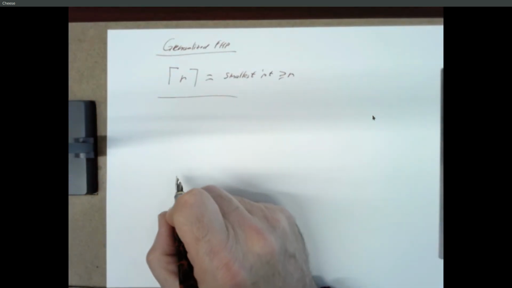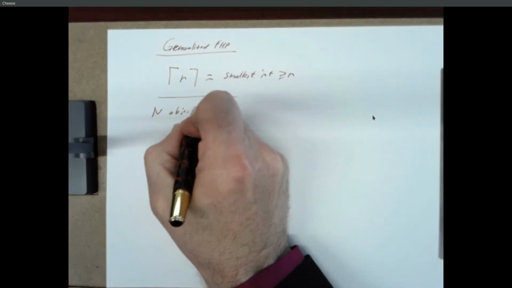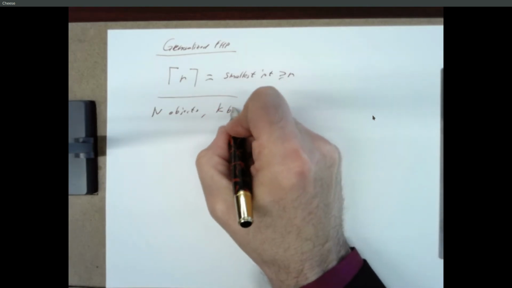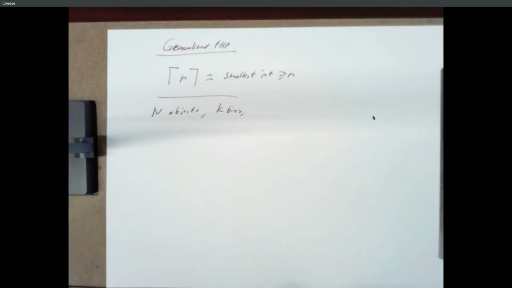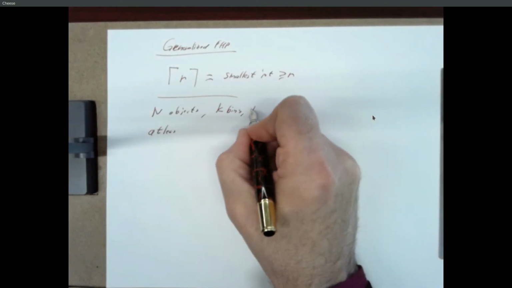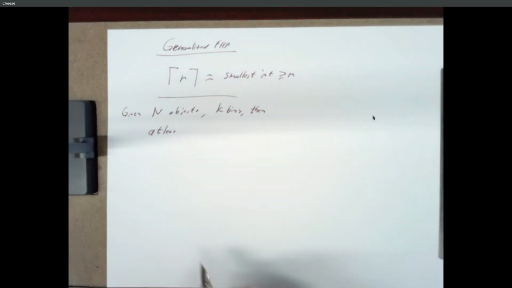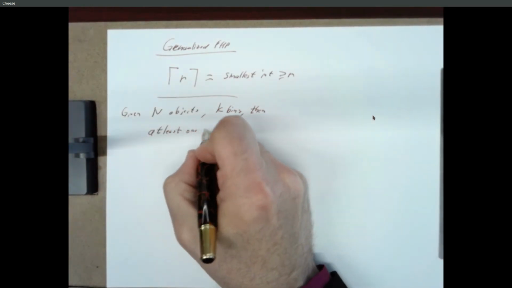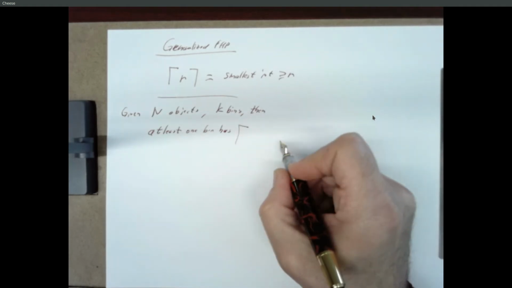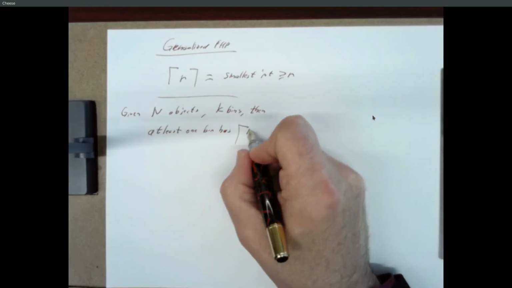Okay, so here's the generalized pigeonhole principle. If you have n objects and you have k bins, then at least one bin has the following number of objects in it. It's the ceiling of n over k.